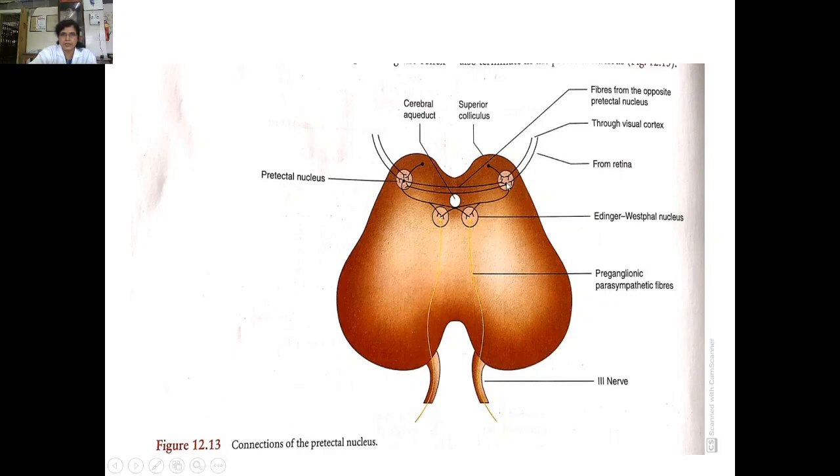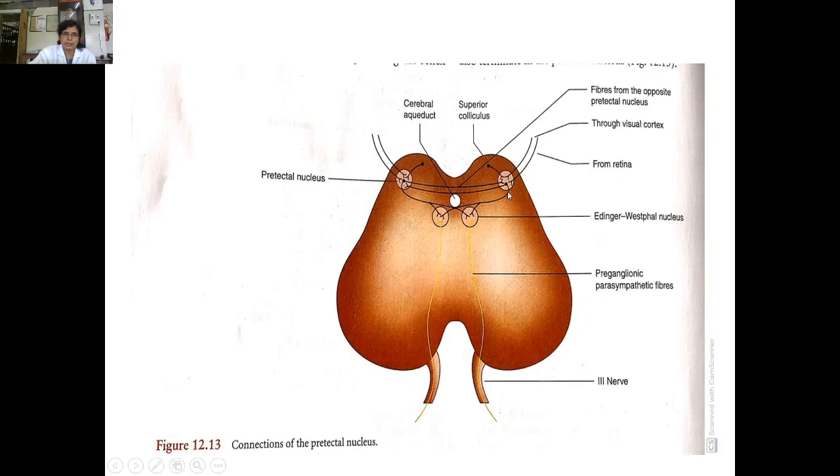Then this pretectal nucleus gives fibers to the Edinger-Westphal nucleus of both sides, and from the Edinger-Westphal nucleus through the oculomotor nerve to the ciliary ganglion, and from the ciliary ganglion to the sphincter pupillae and the ciliaris muscle, and there is the constriction of the pupil, and this is the pupillary light reflex. And this pretectal nucleus is responsible for both the direct pupillary light reflex and the consensual pupillary light reflex.